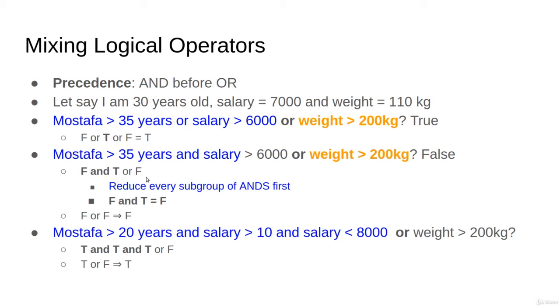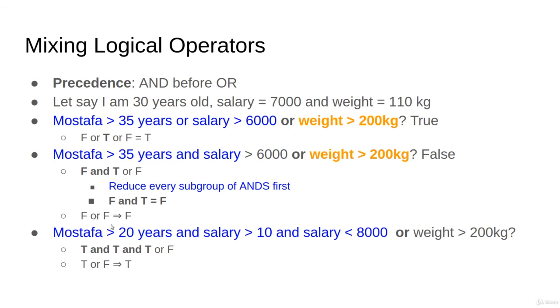So it ends up like you are thinking, is Mustafa greater than 35 years and salary greater than 6,000, or his weight is greater than 200 kilograms? We think about this condition first. So we take this false and true and solve it first. False and true is false. Now we remove false and true and replace it with false. So false or false is false.